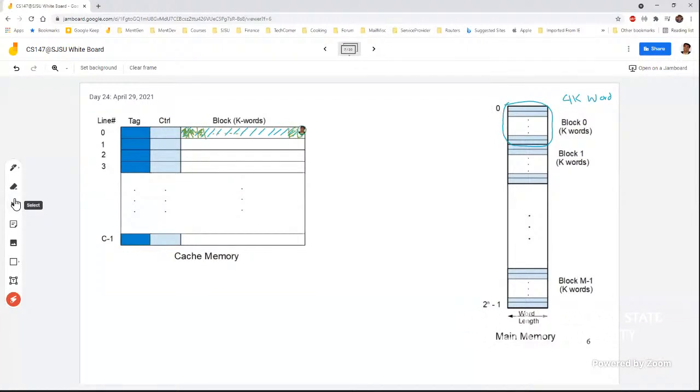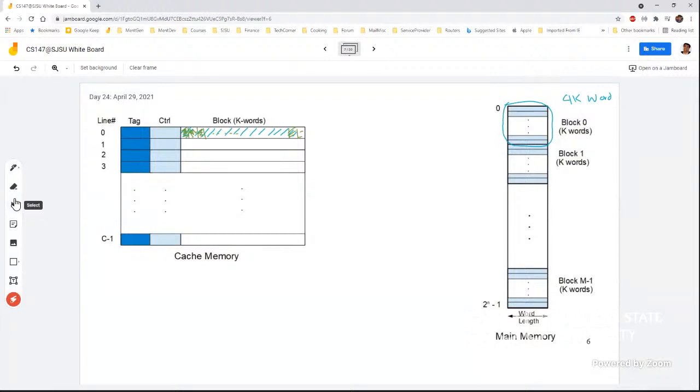So this is the entire block we are talking about. It is not just one or two words. It is the entire block of k words copied into one single cache line. So it is called a line, but it's really storing an entire block.